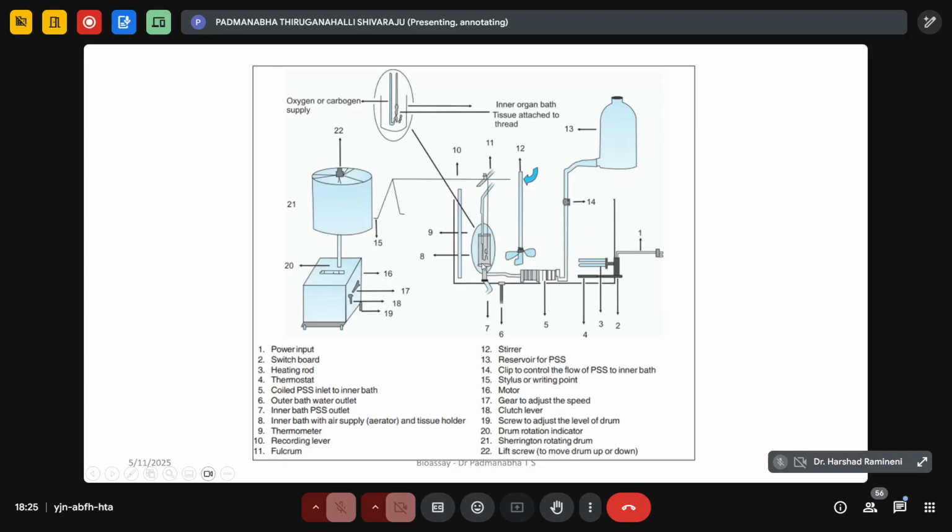So into this inner bath you are going to administer the unknown substance solution, where you will have the tissue sample. So this is a fulcrum, and you have a recording lever. This recording lever is adjusted to the fulcrum, and this will be your stylus, and this will be writing on the kymograph drum.